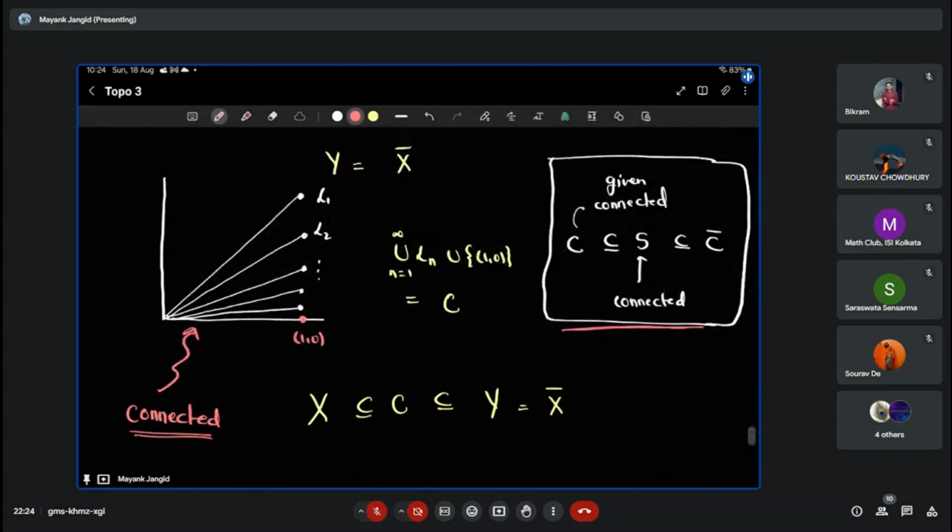What I can actually show is, so this point (1, 0), the red point, if I want a path between a point in L2 and (1, 0), then this point somehow has to jump between the lines. It is not contained in any of the lines.